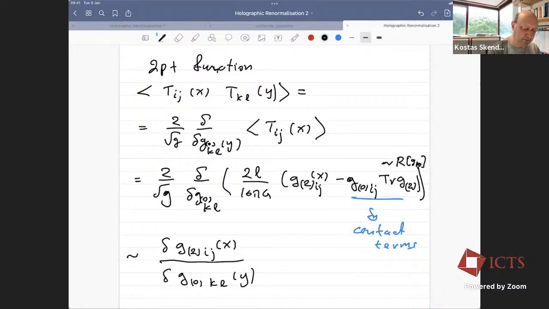If we know this, then we can compute the 2-point function. Now for that one, we need exact solutions, because the asymptotics does not determine this piece. To do a 2-point function, you just need to know how G2 relates to G0 to linear order. Since we need it only to linear order, it suffices to linearize the equations, then solve the linear problem and plug it back in here.